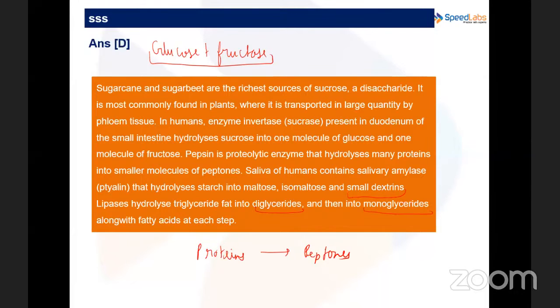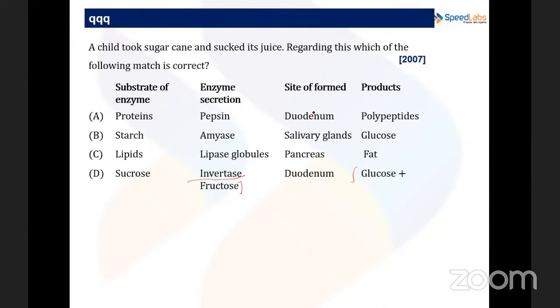Now let's look at the options. Proteins, pepsin, but site of formation is incorrect. Hence this option is incorrect. Starch, enzyme secretion, amylase, correct. Site of formation, salivary glands, correct. Products are not glucose, it is maltose, isomaltose, and dextrins. Hence, this option is incorrect.